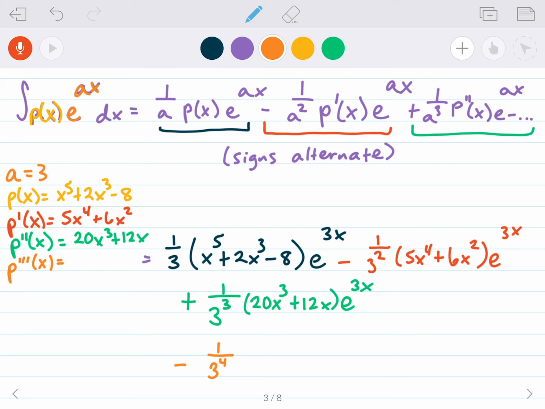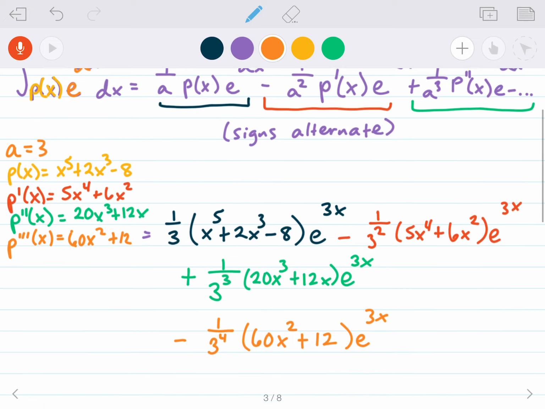So when I take the derivative of 20x to the 3rd plus 12x, what do I get? 60x squared plus 12. And of course, tack on the e to the 3x.